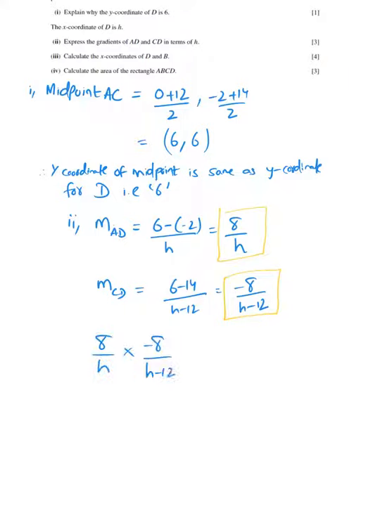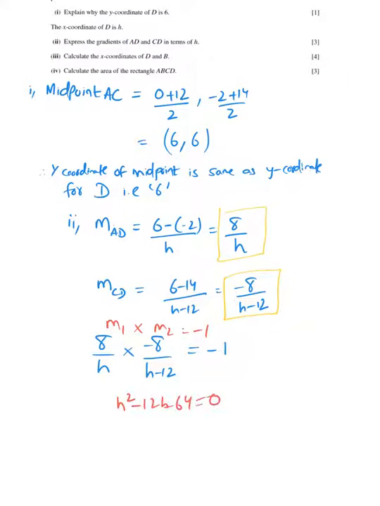It's a quadratic equation being formed, and when I simplify this, I get h squared minus 12h minus 64 equals 0, which on solving gives me the value of h as 16 and h as -4.